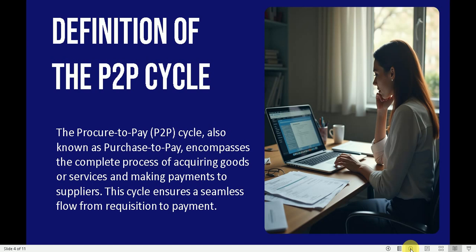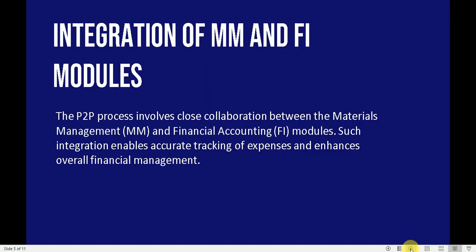Whatever the process is, it encompasses the complete process of acquiring goods, meaning purchasing the goods or services, until making payments to the suppliers or vendors. This cycle ensures a seamless flow from requisition to payment.